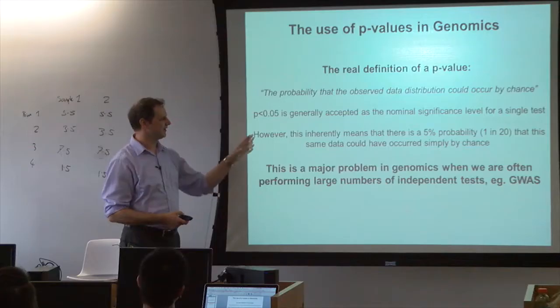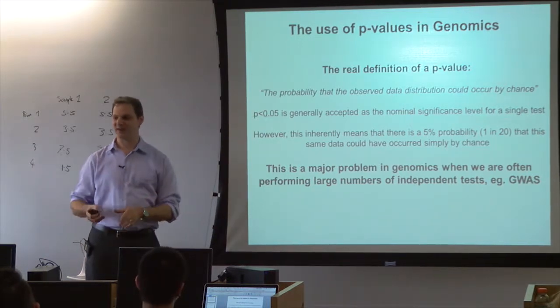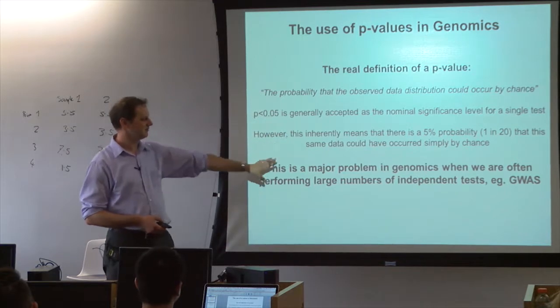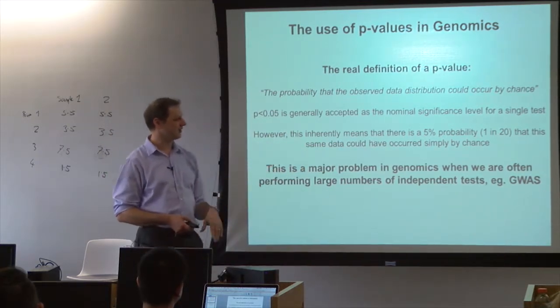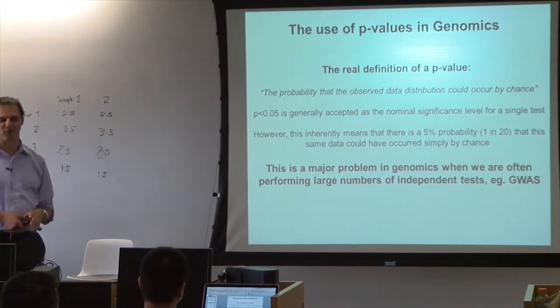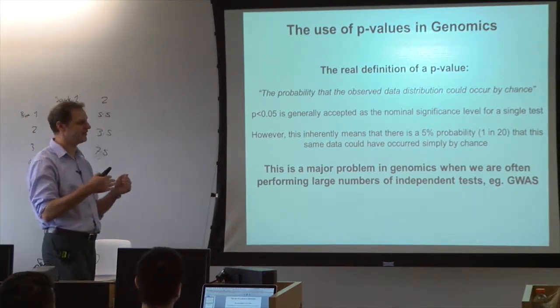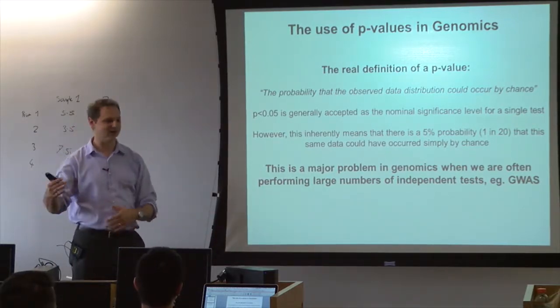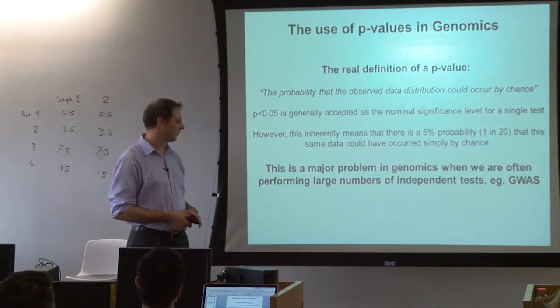However, there's a 5% chance that I may have seen that data simply by chance. A 5% probability implies about a 1 in 20 chance that it could have been a spurious association I'm reporting, where there's really no link between this genotype and that disease.